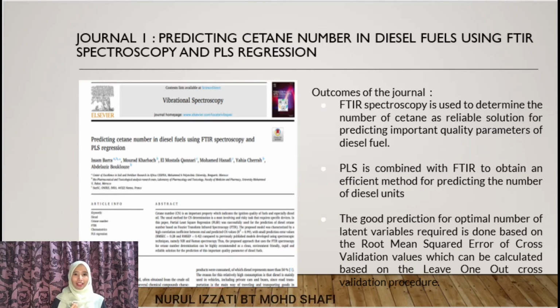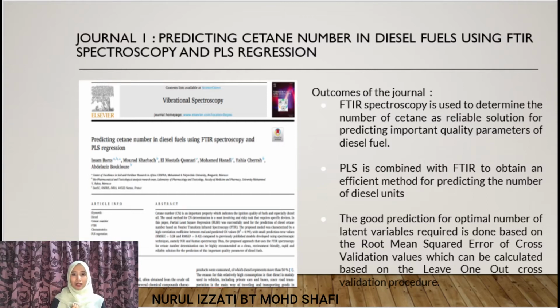As stated, our first journal is about predicting the cetane number in diesel fuels using FTIR spectroscopy and PLS regression. The outcomes from this journal are: first, FTIR spectroscopy is used to determine the cetane number as a reliable solution for predicting important quality parameters of diesel fuels.